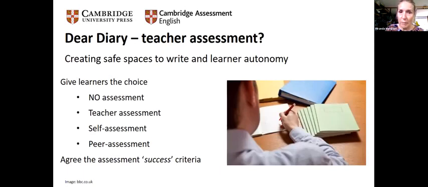You can ask them, you want me to look at your writing? What do you want me to look for? What would you like me to check for you? So you can agree with learners what the success criteria are. So it really is theirs to share with you and theirs to make decisions about how they exploit and explore writing a diary as a safe space to write.